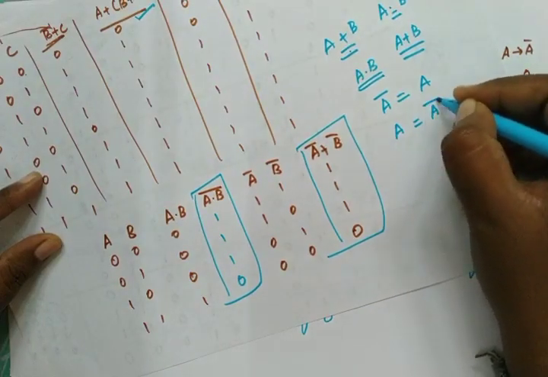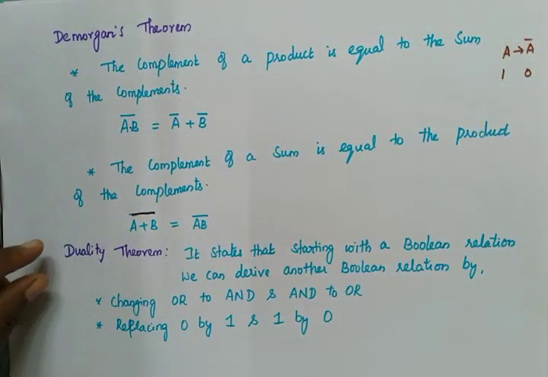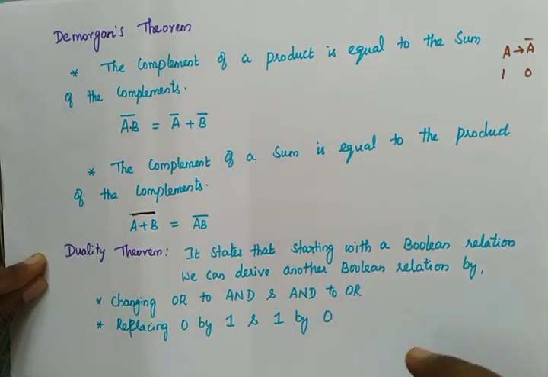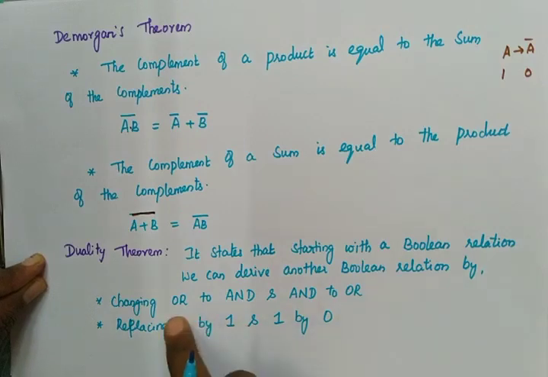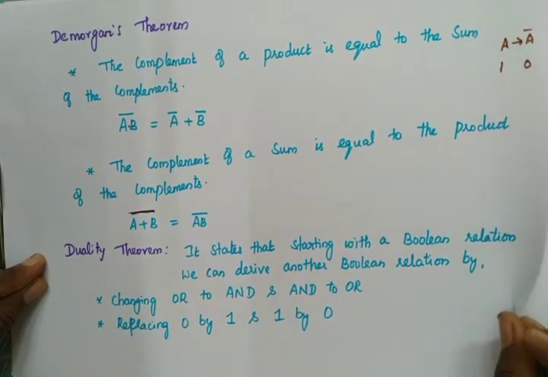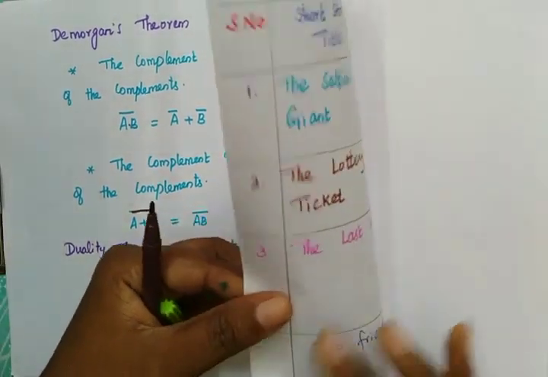We can write this as A bar. So this represents 0. So this is the duality theorem. So we can derive another Boolean relation from the existing Boolean relation by changing OR to AND and AND to OR, and by replacing 0 with 1 and 1 with 0. This is duality theorem.